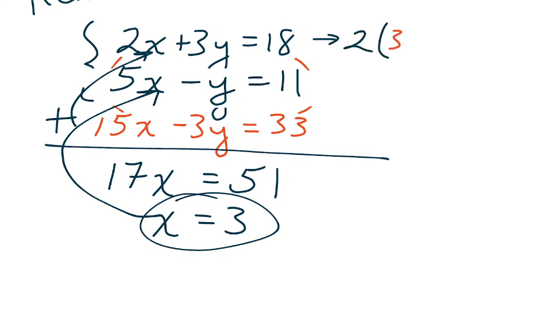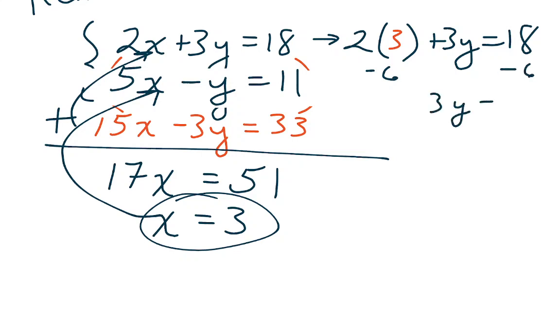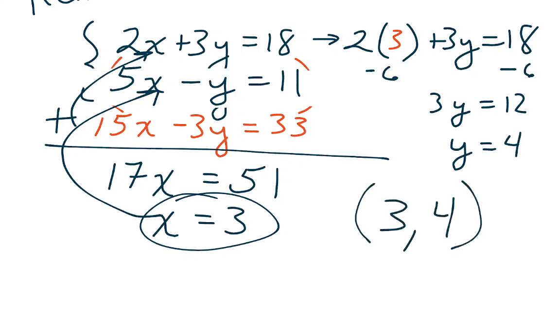We're going to plug in 3, the x value that we just found. And it's my barking dog. And we'll solve this for y. Do a little math, subtract 6, divide by 3, and of course y equals 4. So the solution is 3, 4.